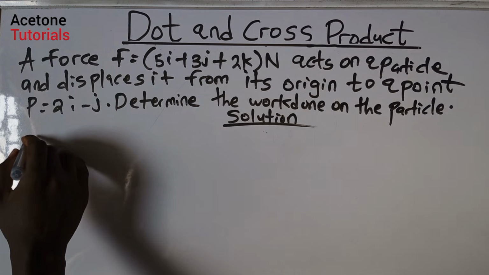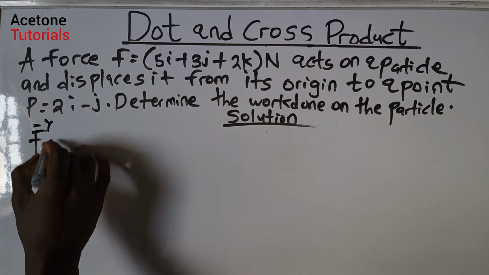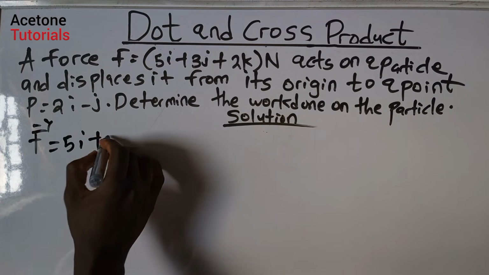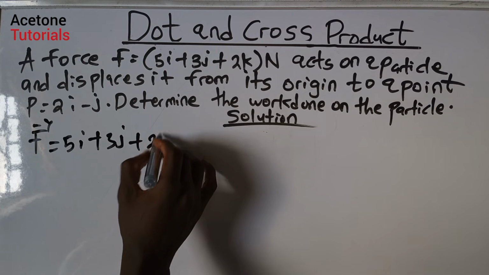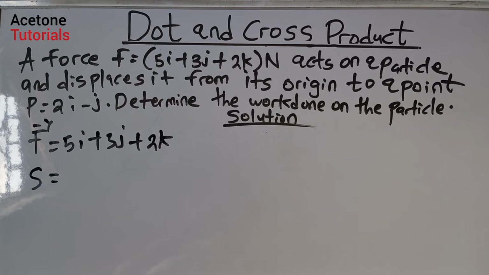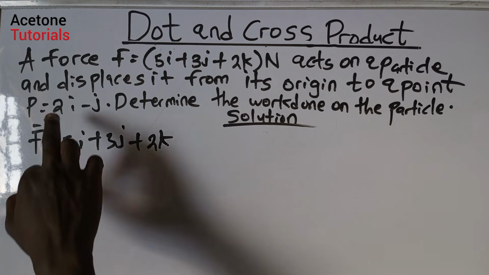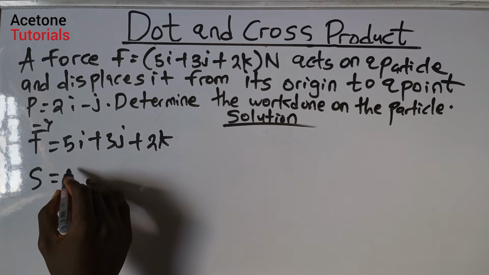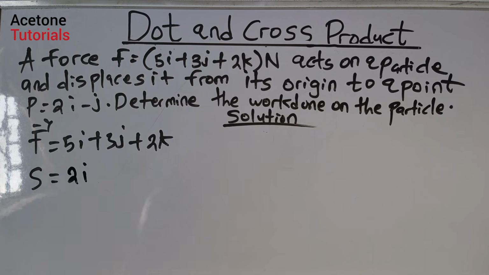So F vector is equal to 5i plus 3j plus 2k. The displacement vector will be P minus the origin. The coordinates of the origin are 0i, 0j, 0k. We have to subtract it from the final position. So 2 minus 0 is 2i.